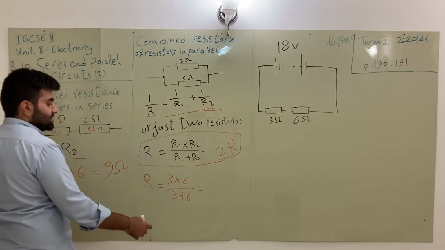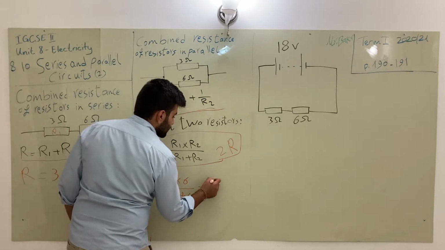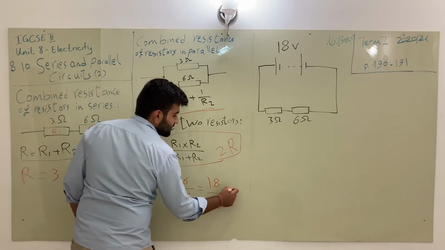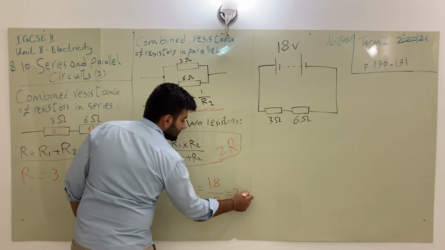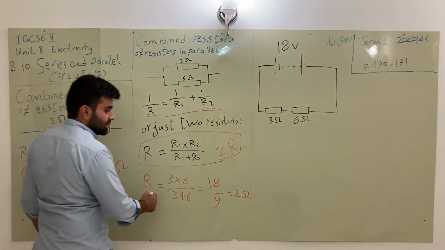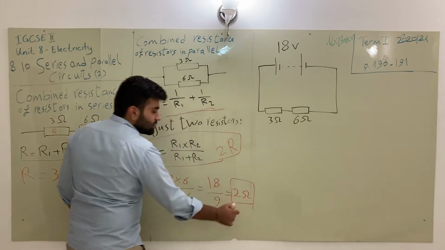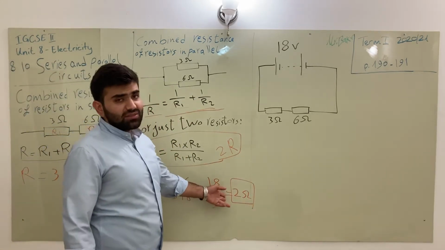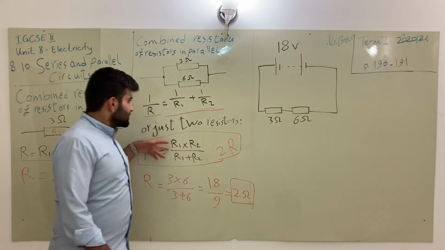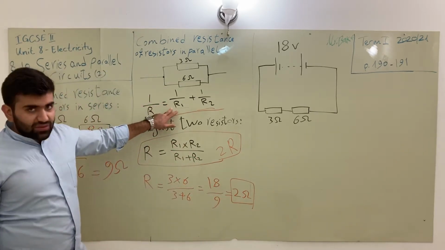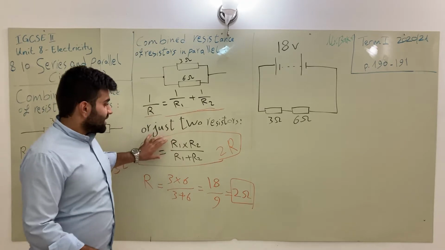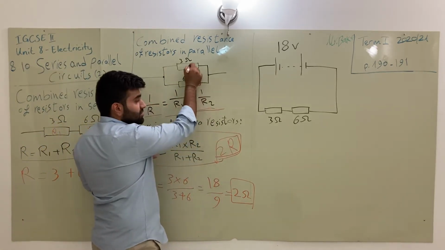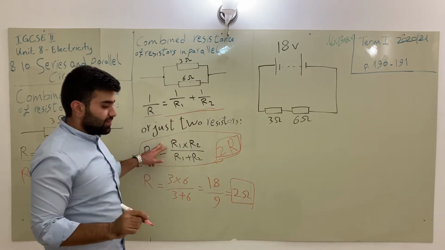So 3 multiplied by 6 is what? It is 18. 3 plus 6 is 9, and that gives us 2 ohm. So R is 2 ohm. So we find that in both ways, this one or that one, they give us, of course, the same result. But again, this one is just for what? Just for two resistors, not more.